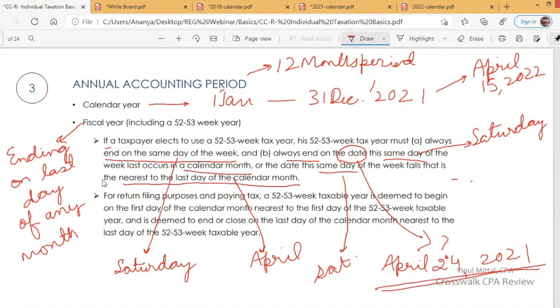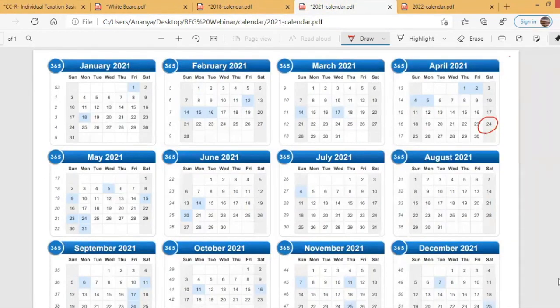Which Saturday is nearest to the last day of April? Let's see. Your last day of April is here. Which Saturday is nearest to this? You have April 24th, and also you have May 1.